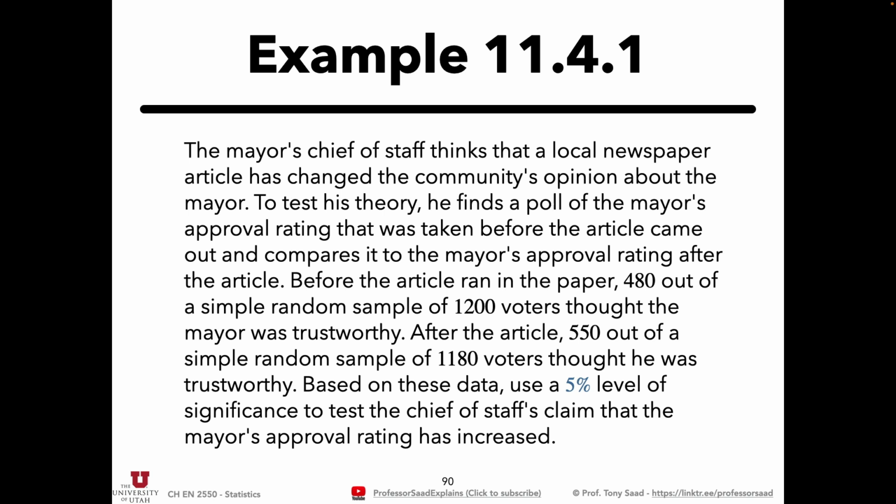After the article, 550 out of a simple random sample of 1,180 voters thought he was trustworthy. So things changed before and after. Based on these data, use a 5% level of significance to test the chief of staff's claim that the mayor's approval rating has increased.